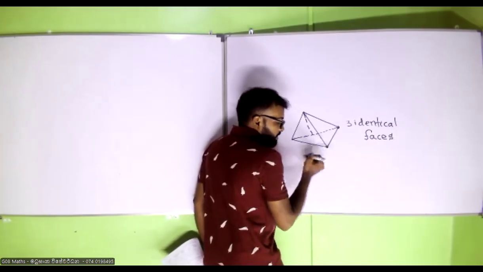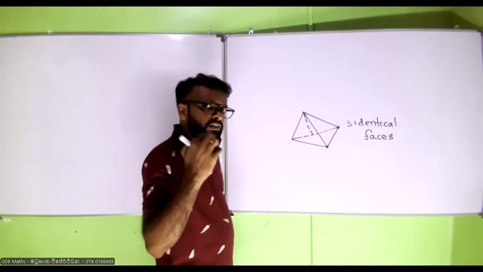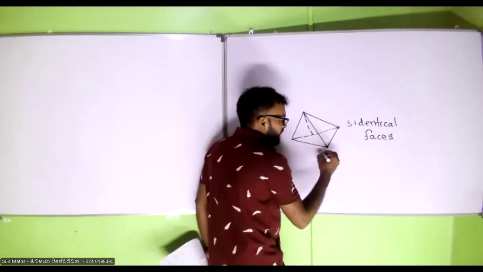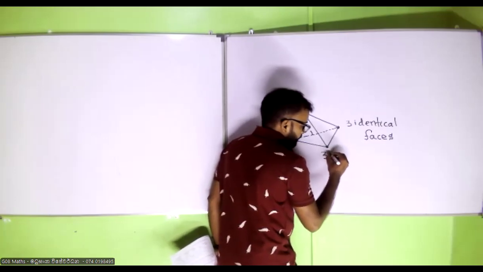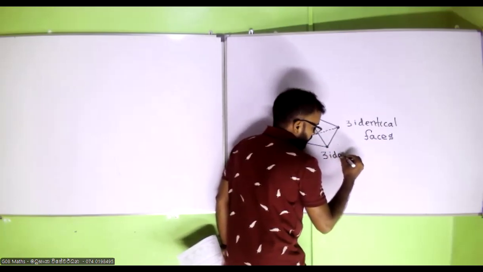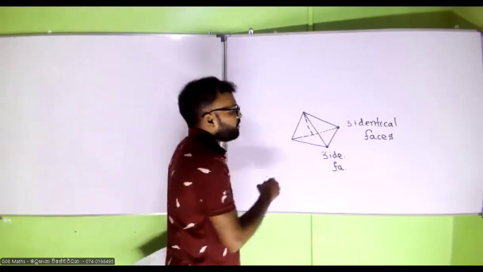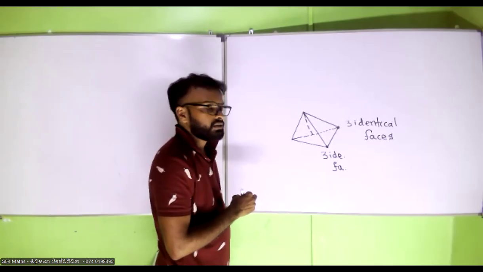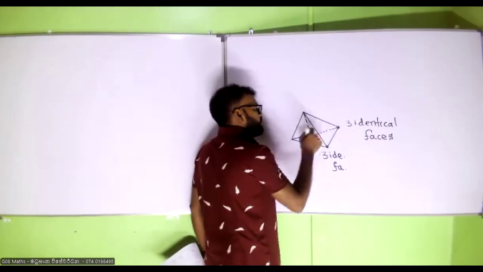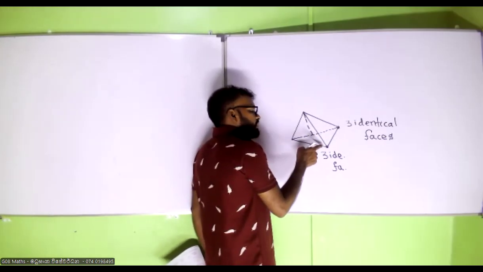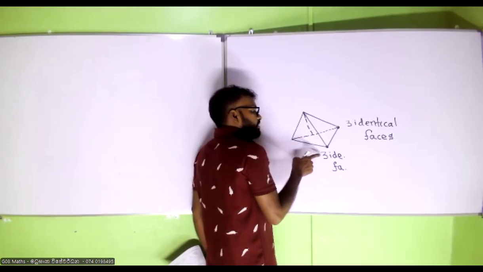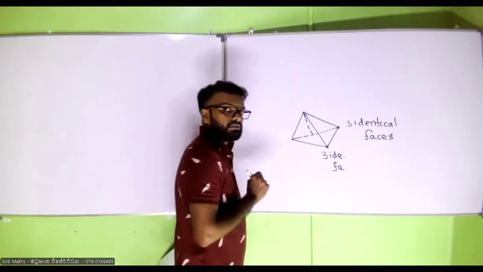And the below face, 3 faces, sir. 3 identical faces. Here also 3 identical faces are meeting at this vertex. And for this vertex as well, for a tetrahedron, 3 identical faces.